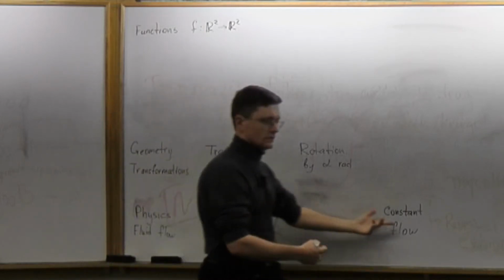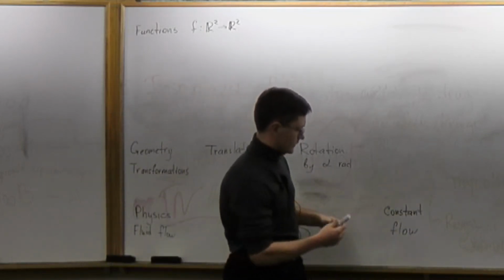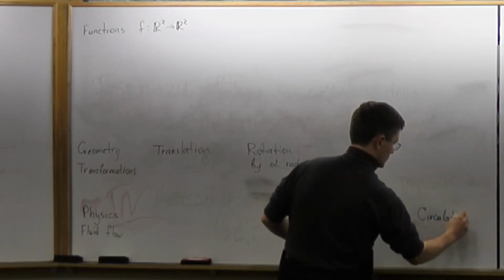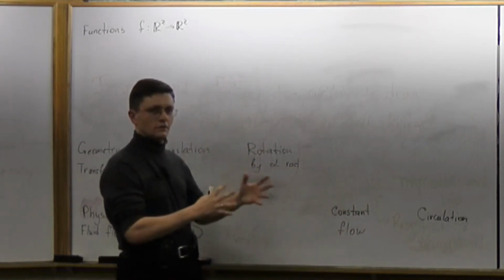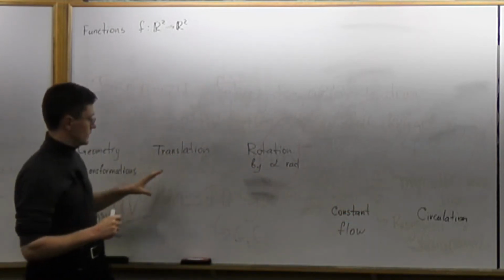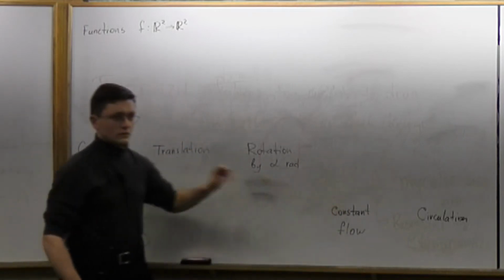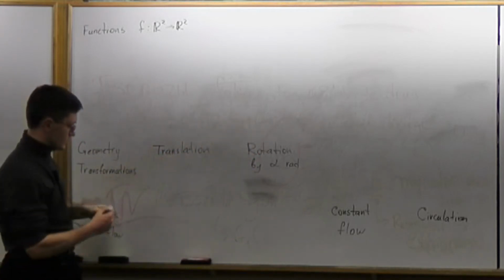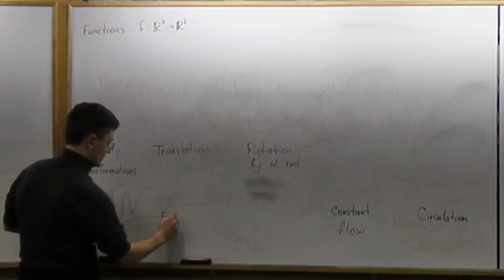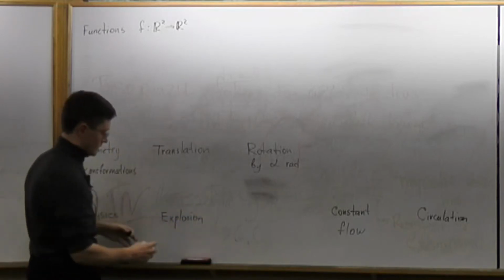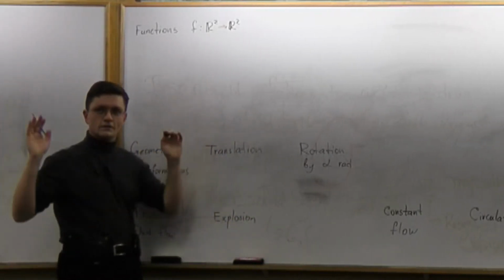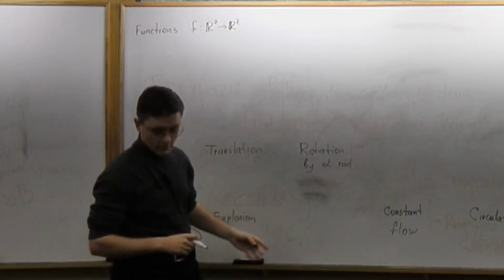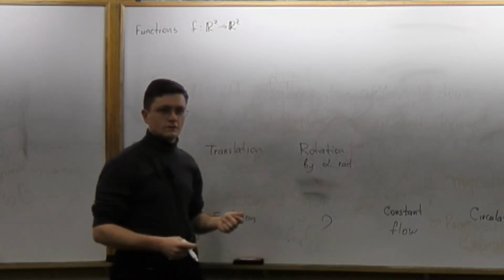We didn't even see it in physics yet, because we looked at constant flow and we looked at circulation. Those were the two flows that were sort of easy to understand, and neither of those corresponded to these two geometric transformations. So translation corresponded to something like explosion, when everything was flying from one point away. And the further you go, the faster points fly away. And rotation corresponded to, well, something not even easy to understand.